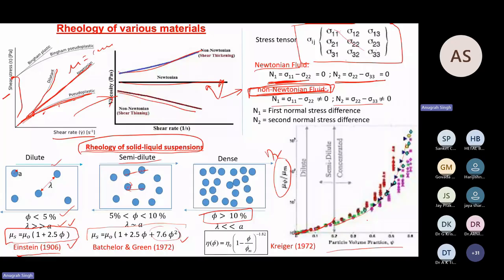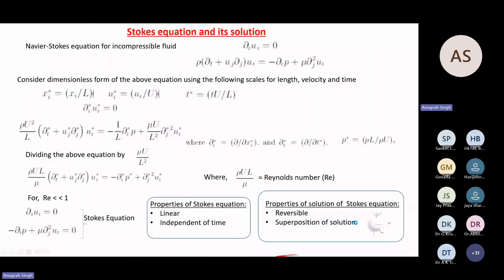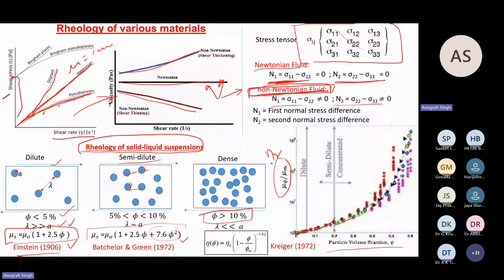And for concentrated suspensions, you have no way but to fit. So Krieger fitted the experimental data and came out with this kind of curve, later modified by Dougherty. It's called the Krieger curve: the viscosity of the suspension is a function of concentration, eta 0 times (1 minus phi by phi m) to a power.